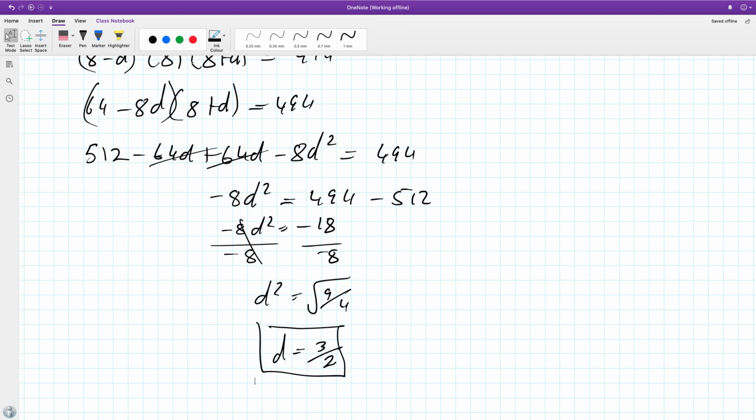Tn minus Tn minus 1 is equal to d, i.e. any term minus the previous term must leave you with a constant.